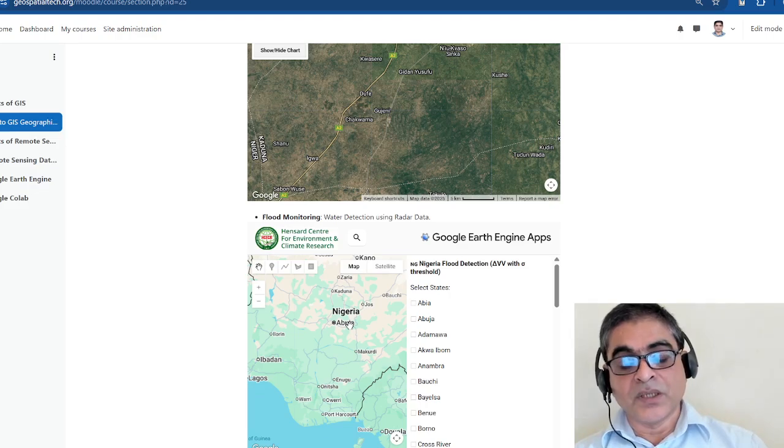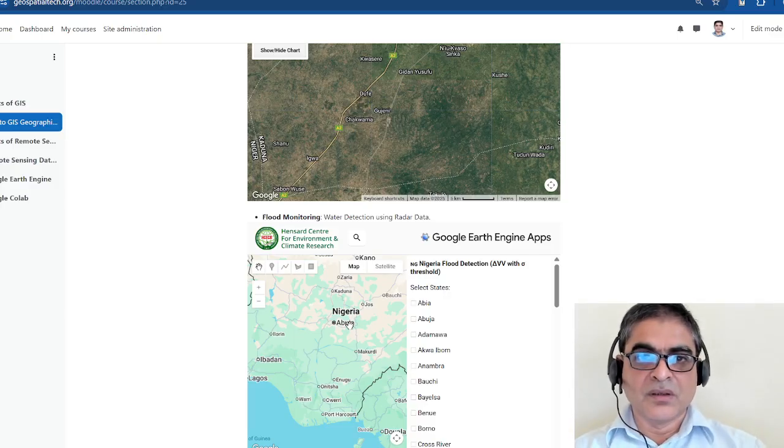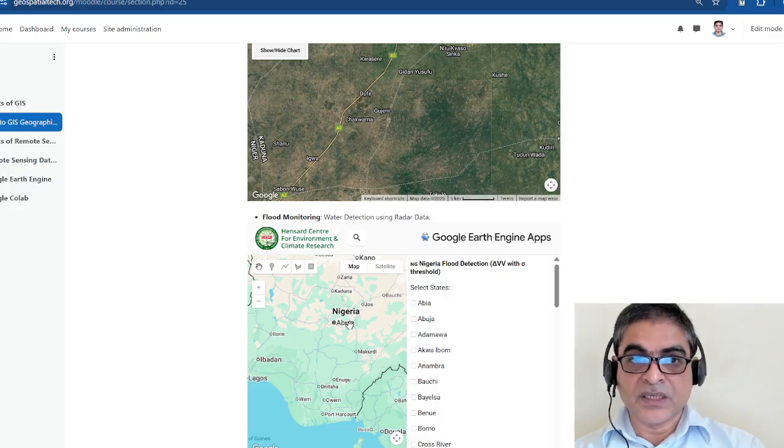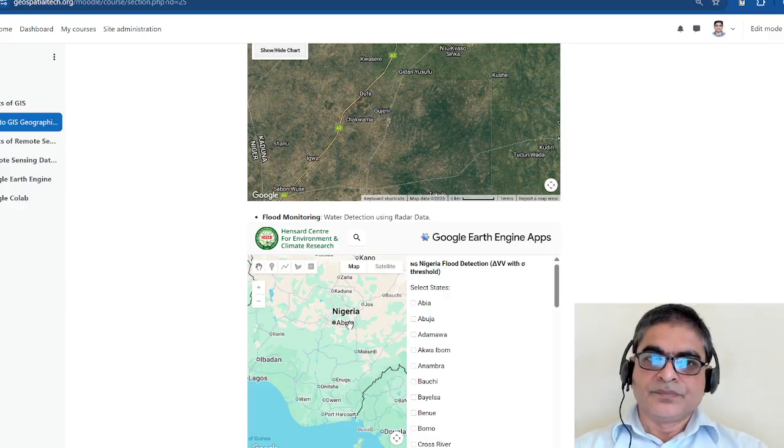So how to study? We can use radar data. This is known as active remote sensing. It's not dependent on the sun; it depends on microwave energy. The device produces the energy and sends it to the earth.